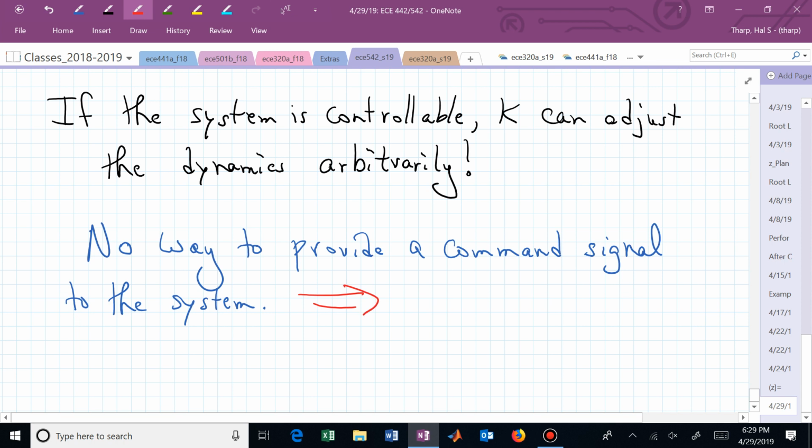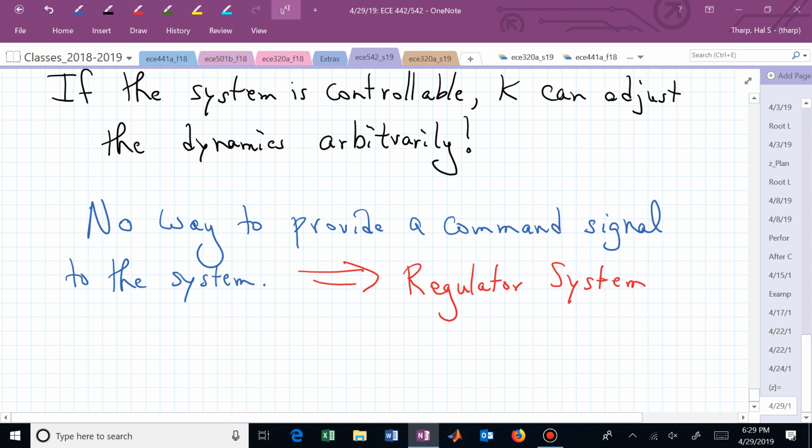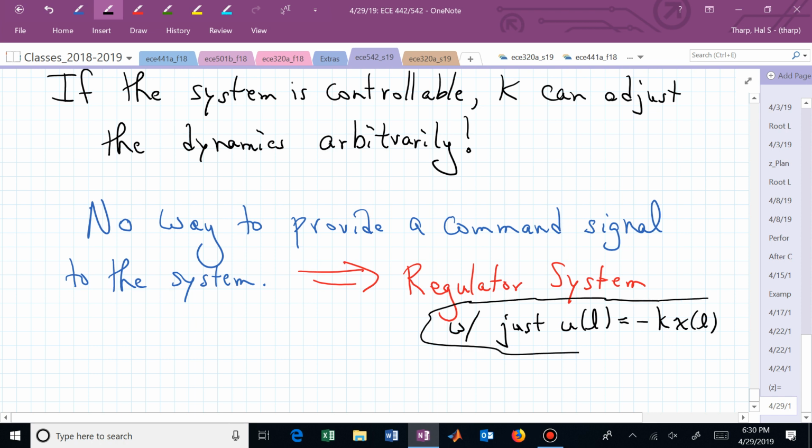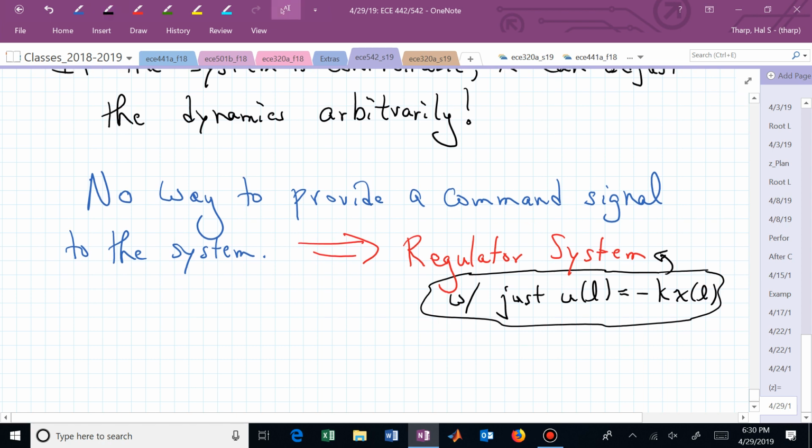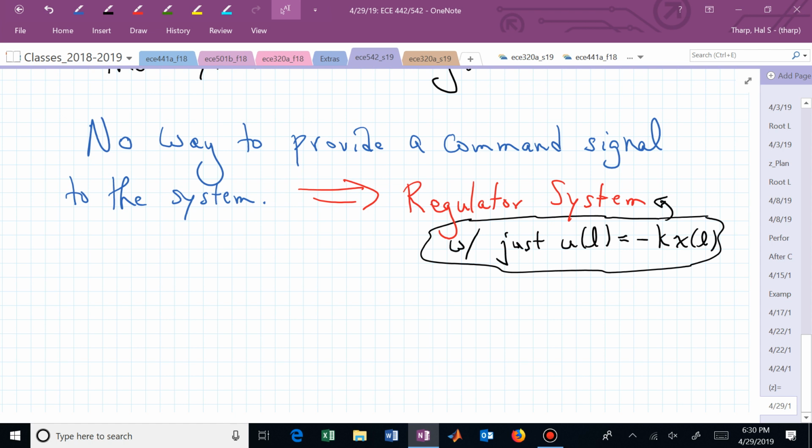And that's what you might hear referred to as a regulator. It's just regulating the dynamics of the original system. This now you could say is a regulator system when we simply have full state feedback, u of k equals minus K x of k. And this regulator system is good. We don't want to throw it away.